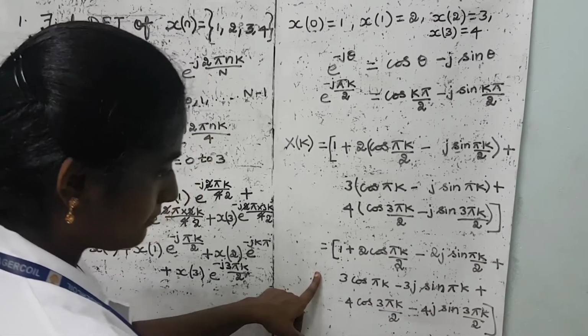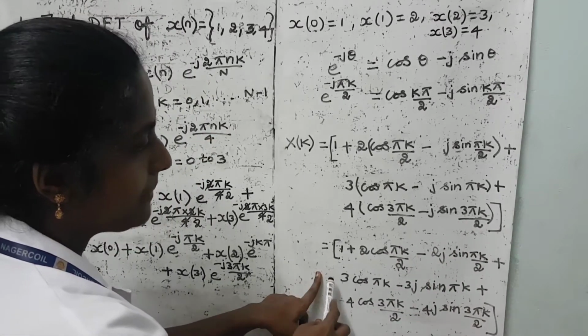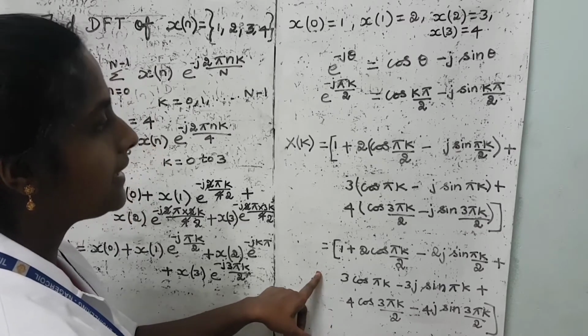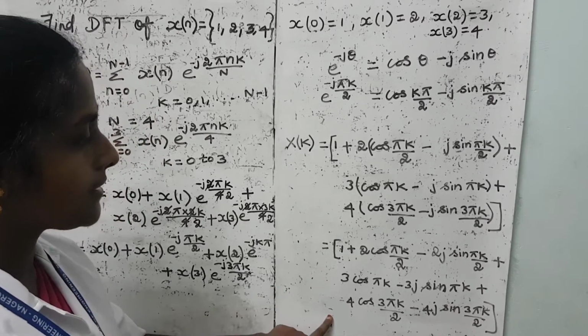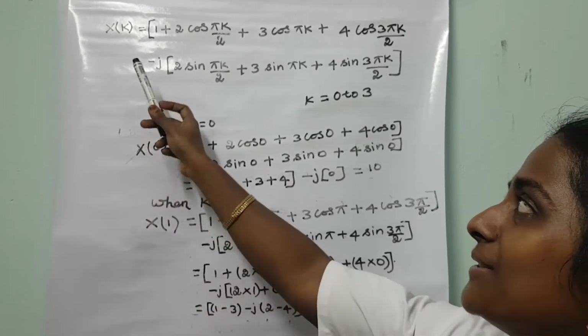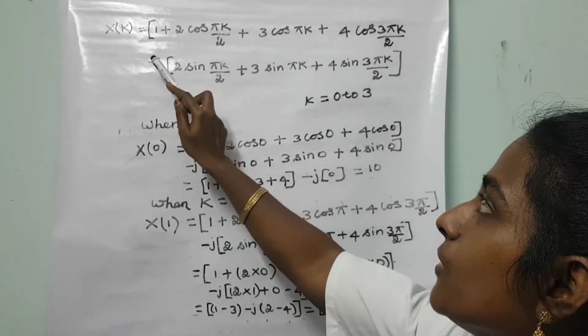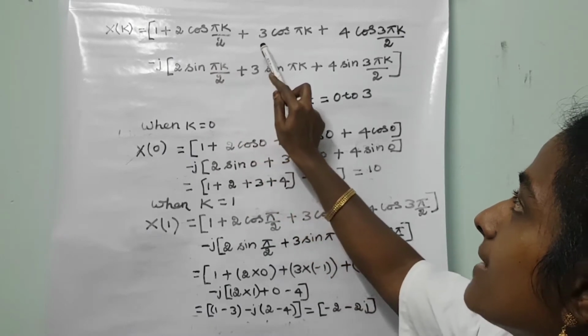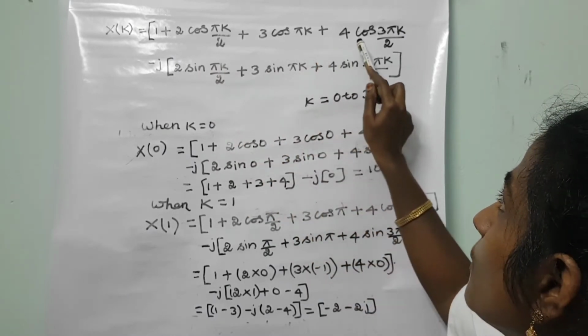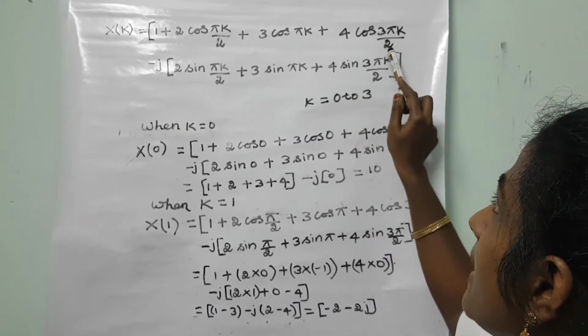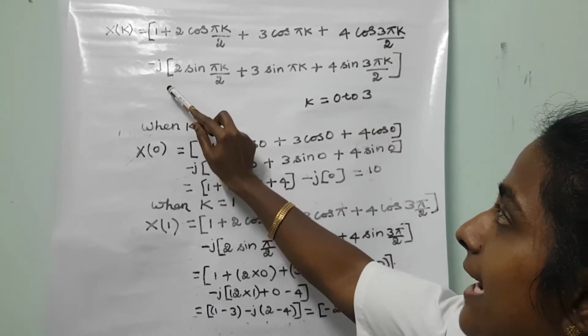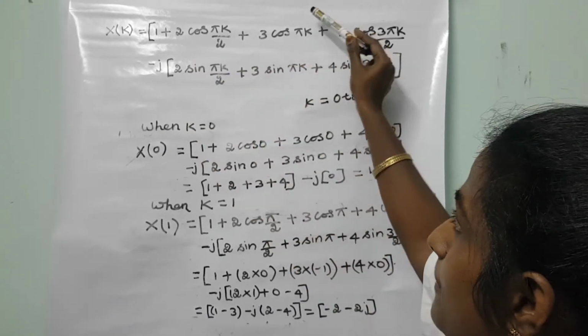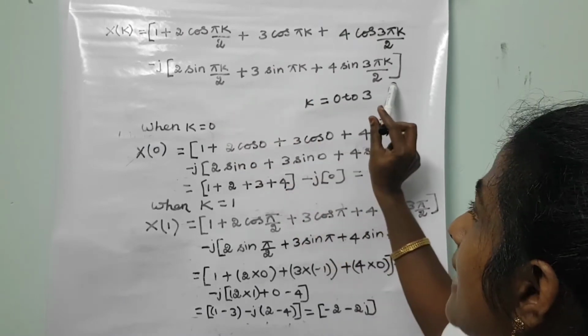And then you can take the imaginary values separately and the real values separately. Now we have the value X of k is equal to 1 plus 2 cos pi k divided by 2 plus 3 cos pi k plus 4 cos 3 pi k divided by 2, and the imaginary term we can take separately.